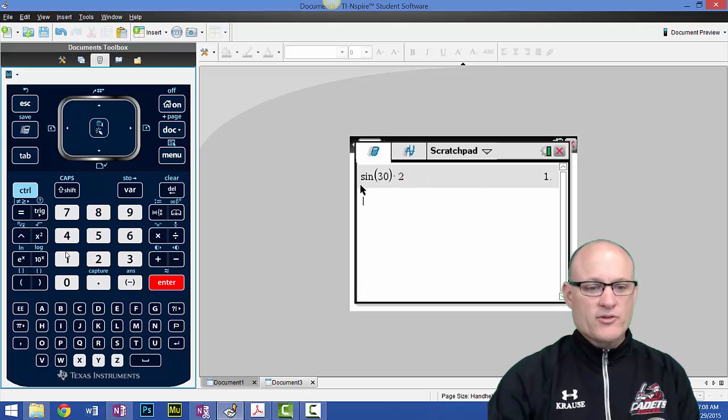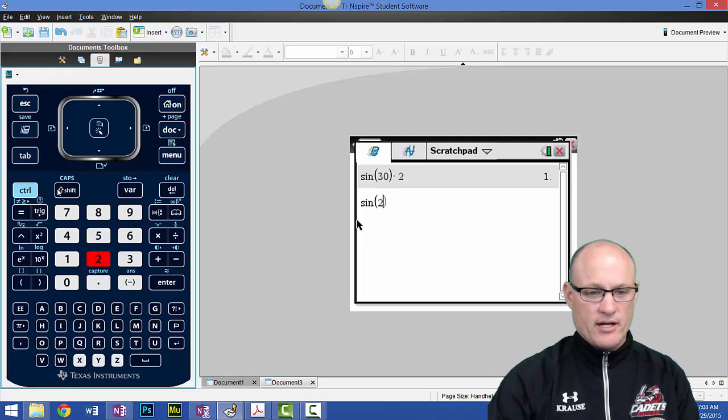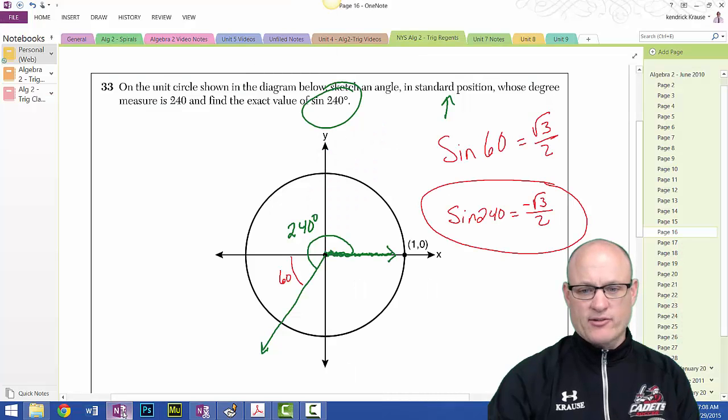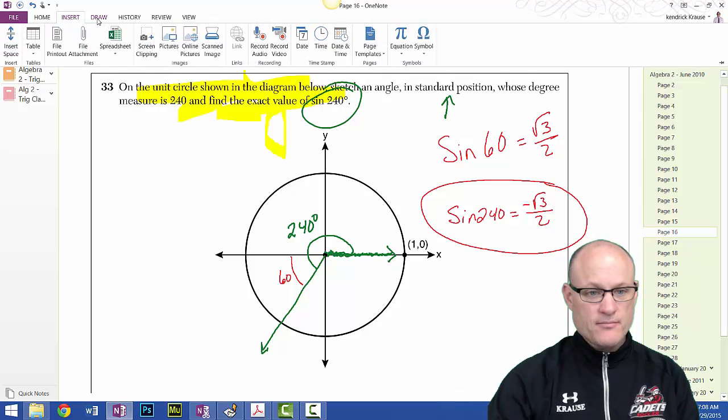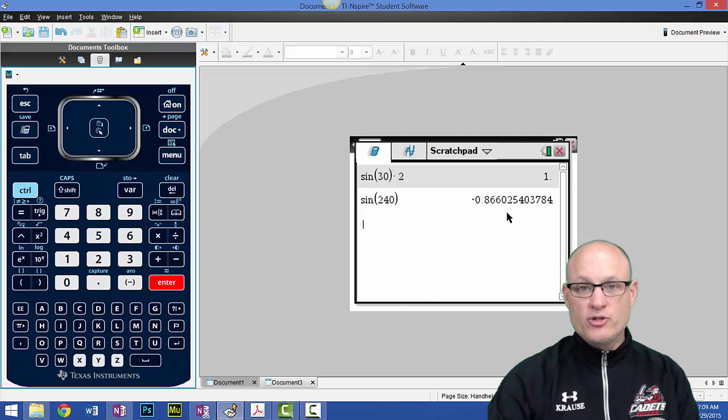Alright. So I want to do the sine of 240 degrees. And it's going to give you some ridiculous decimal like that. But notice it's negative, so you know your answer has to be negative. But you think you have the right answer. We have negative radical 3 over 2. Now it said exact. Notice it says exact. If you have the word exact in there, and you choose to give this decimal, you will get it wrong.